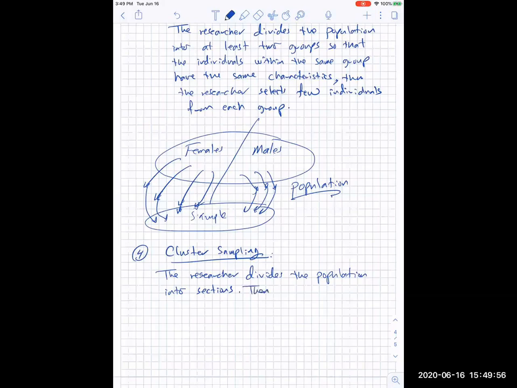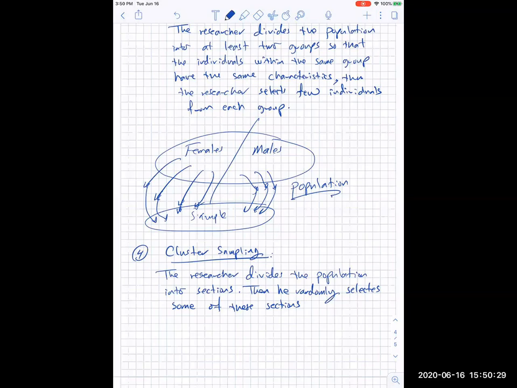Then he randomly selects some of these sections, right? So he's going to take few sections, complete sections.